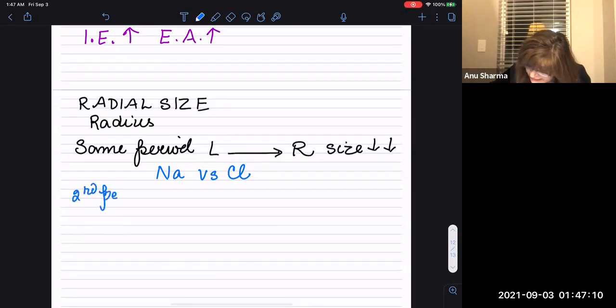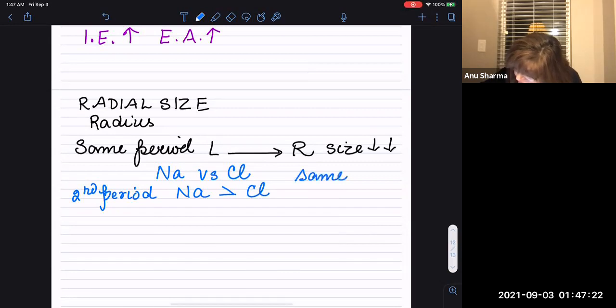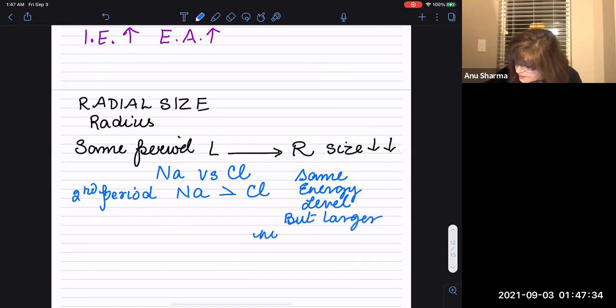When they are in the same period, we see that sodium is bigger in size than chlorine, because both have the same energy level but chlorine has a larger nucleus.